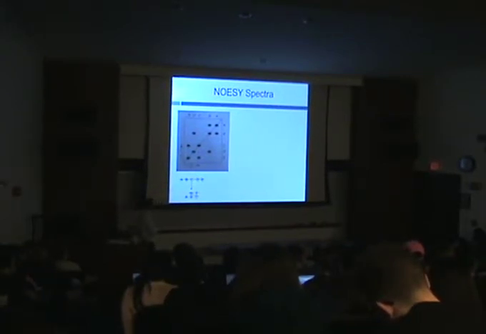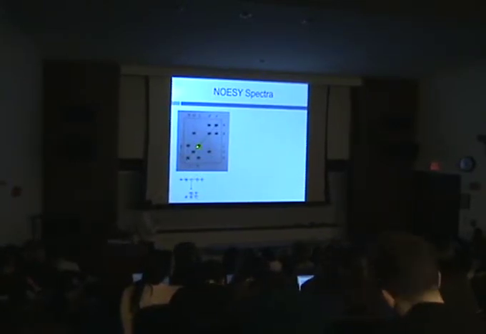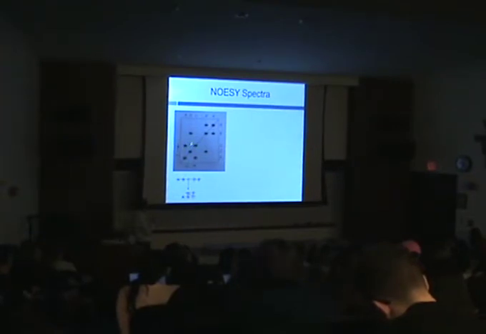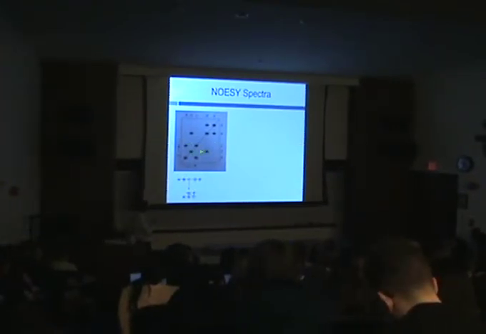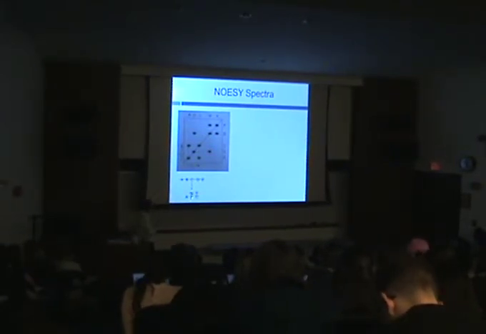So we can take our simple polypeptide A, B, C, D, E, and if we look at this, we see C and E give a cross peak, so they must be next to each other within 5 angstroms. We see D and B are also within 5 angstroms. So again, they must be close to each other.